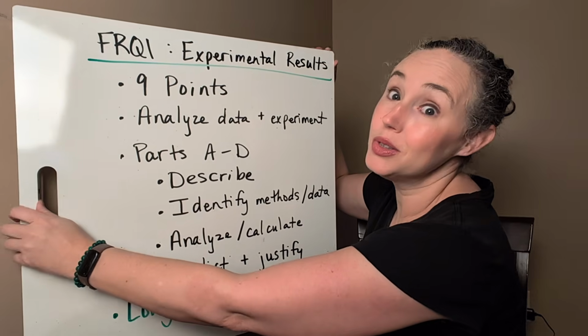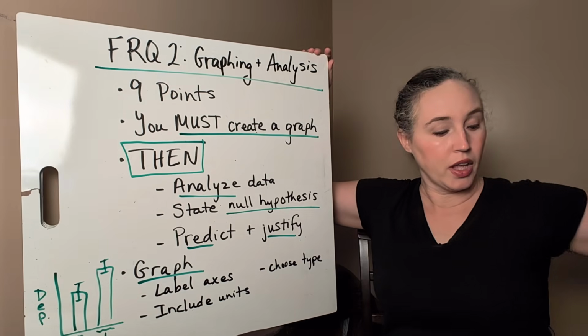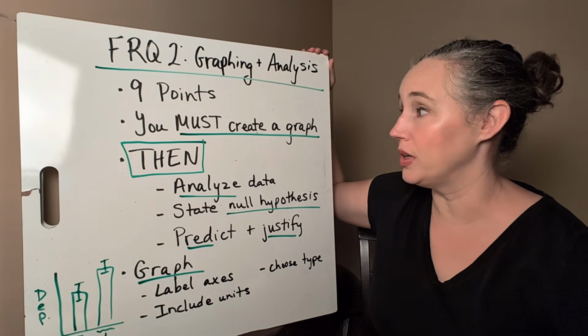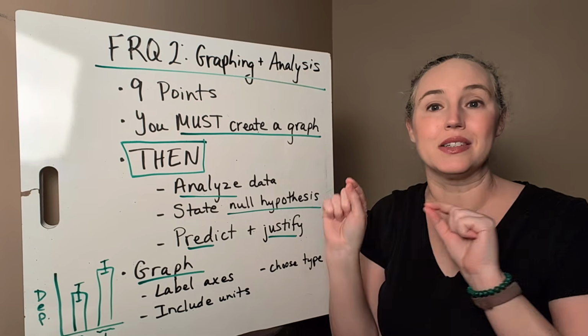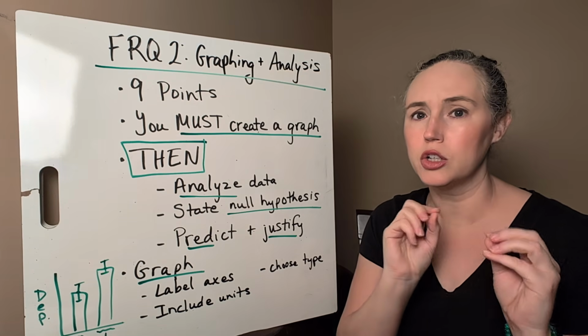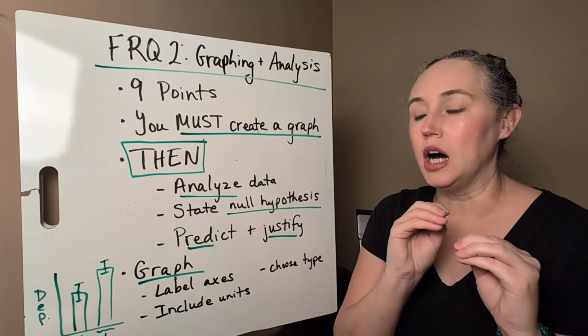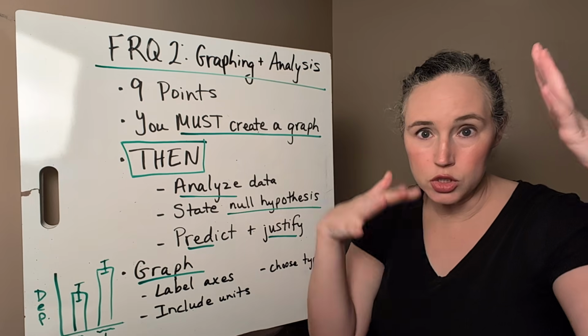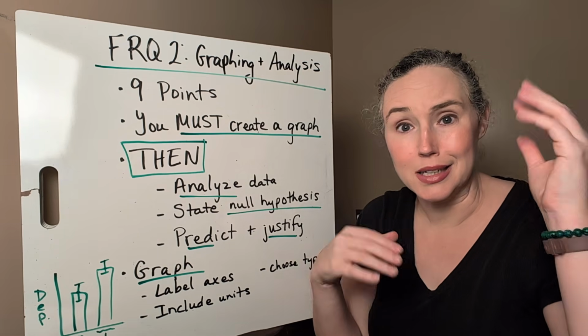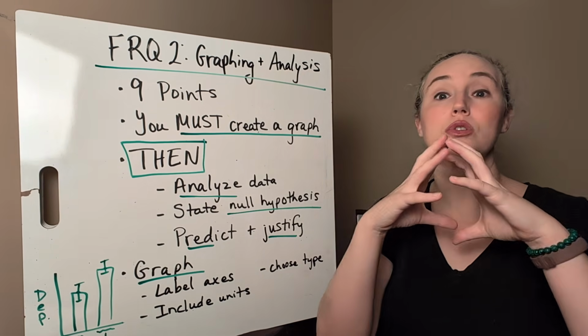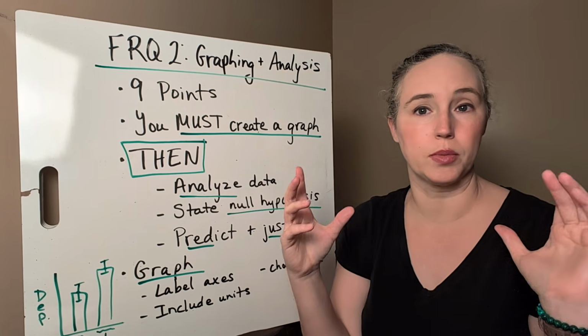All right, question 2, also a long one. Again, it's worth 9 points because this one is very similar to number 1, usually with a little less written description, and usually some data tables and some calculations.